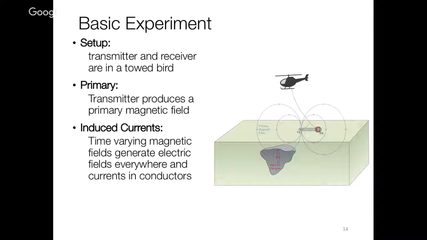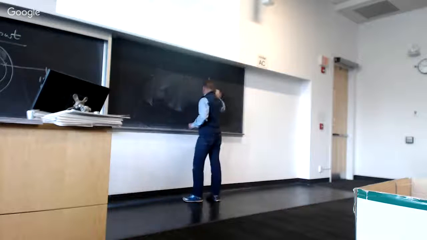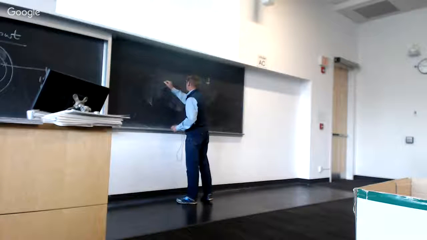If I change that current so that I've got a time varying magnetic flux, and the time varying is really important, then it generates an electric field everywhere in here. I glossed over that before because I didn't want to do too many new things at one time. But the idea is as follows.